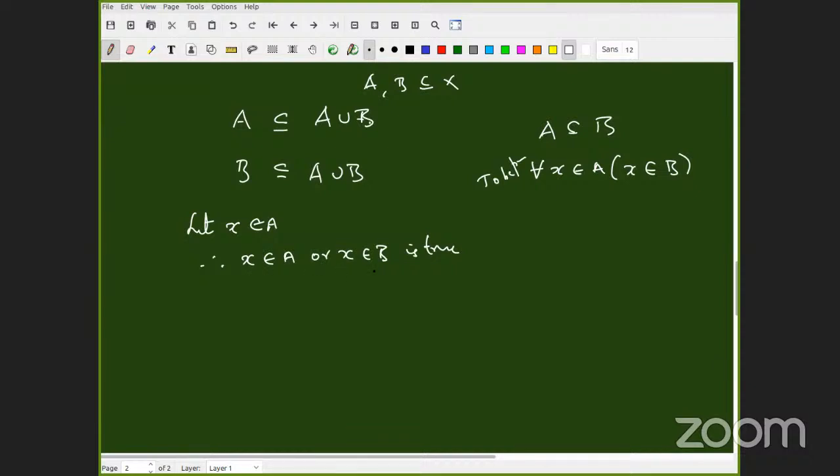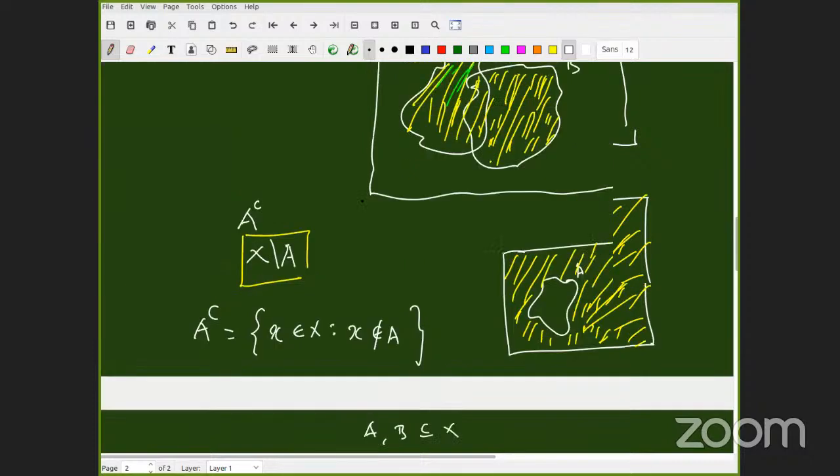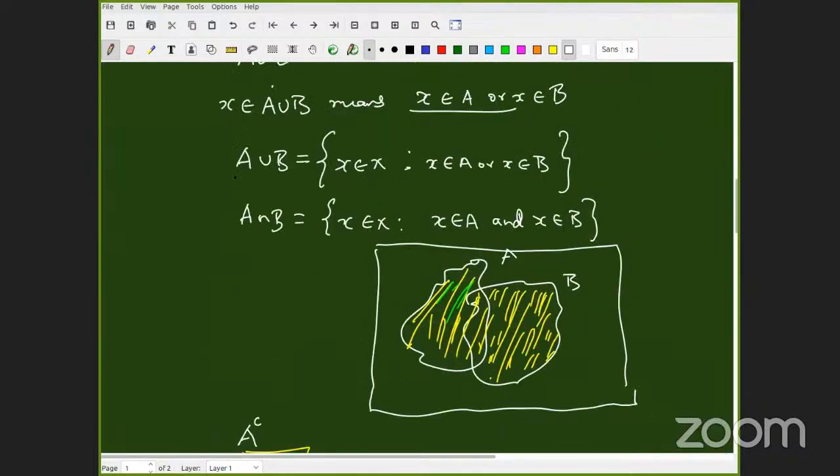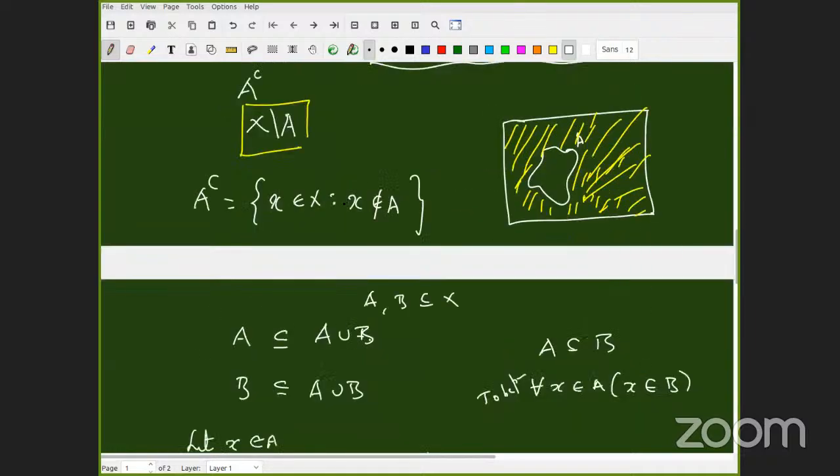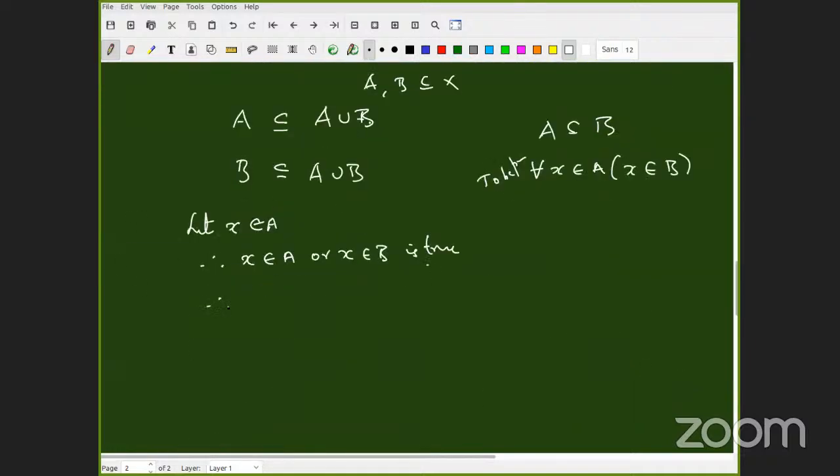If one of them is true, this is going to be true. Therefore, by the definition of A union B, an element belongs to A union B if it is in A or if it is in B. So, by definition, x belongs to A union B.